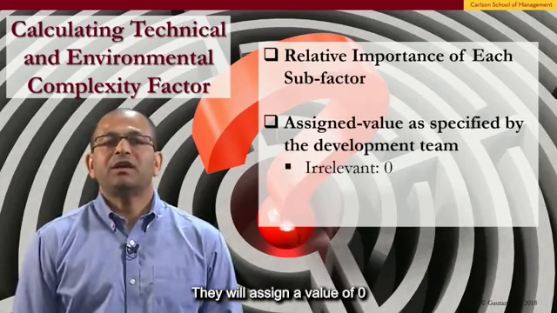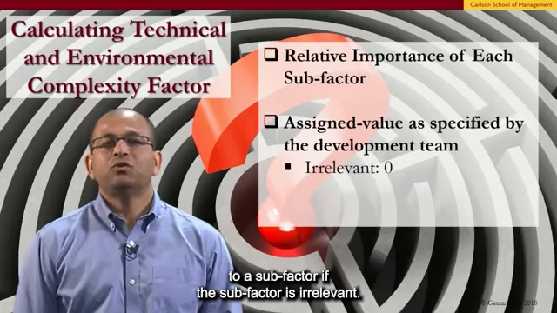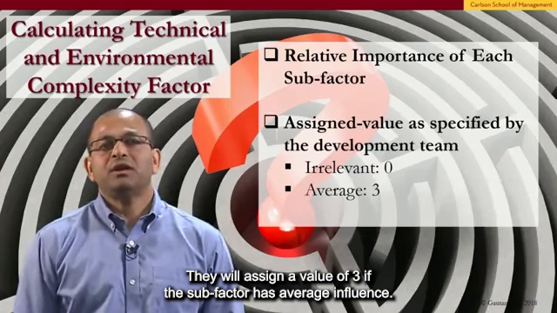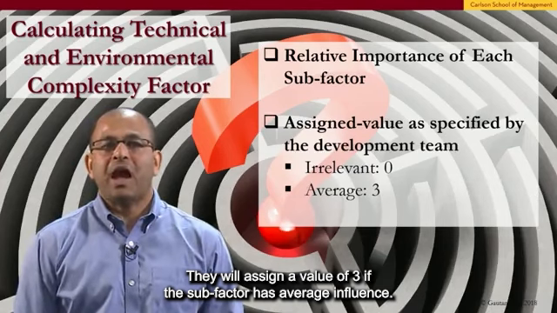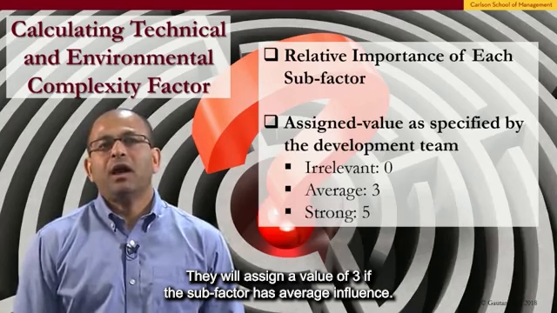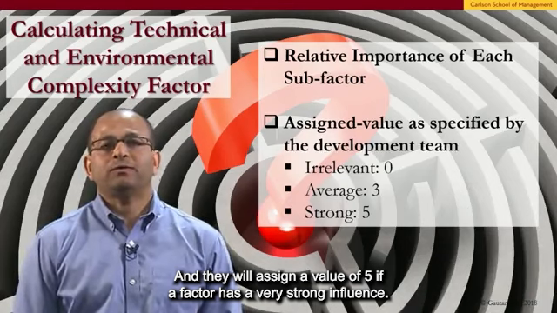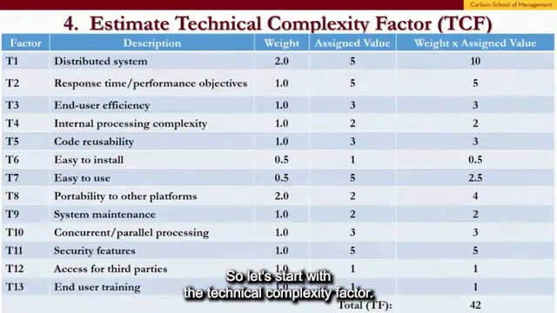They will assign a value of 0 to a subfactor if the subfactor is irrelevant. They will assign a value of 3 if the subfactor has average influence, and they will assign a value of 5 if a factor has a very strong influence. So let's start with the technical complexity factor.